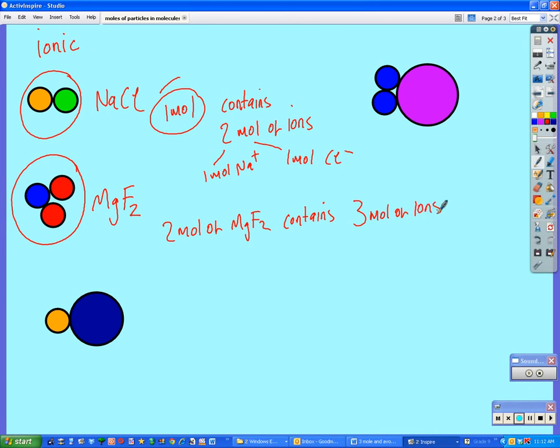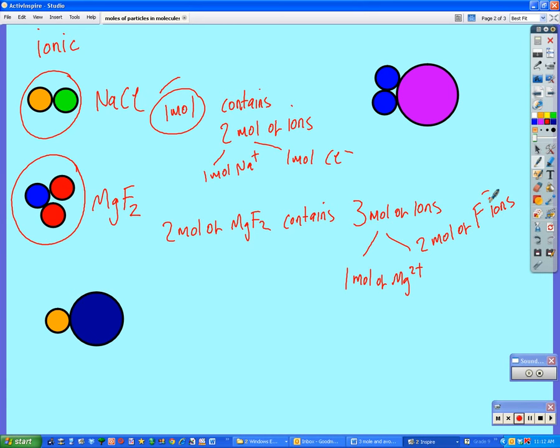Well, it's made up of 1 mole of magnesium 2 plus ions, and it contains 2 moles of fluoride ions. 3 moles in total.